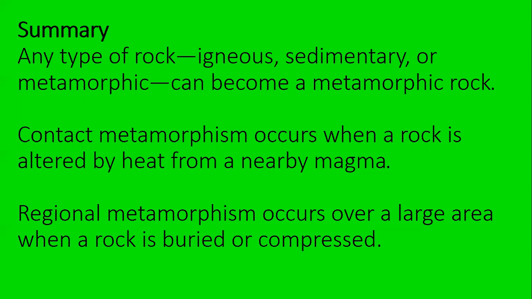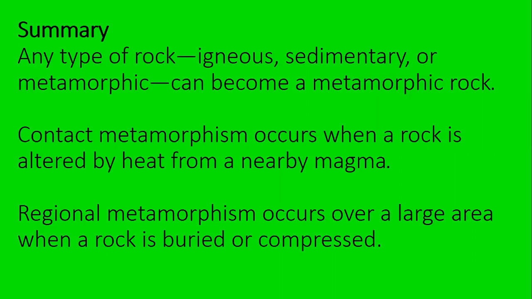So in summary, any type of rock, igneous, sedimentary, or metamorphic, can become a metamorphic rock. It needs to have heat, pressure, and sometimes some chemical interaction as well. Contact metamorphism occurs when a rock is altered by heat from a nearby magma vent or pocket, but it's not actually liquefied.